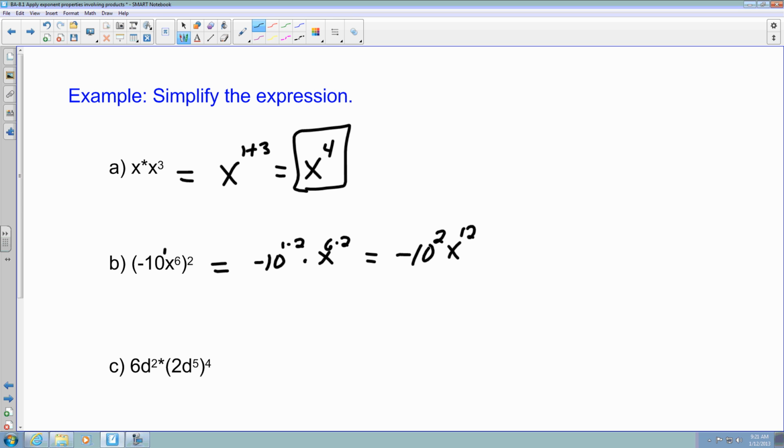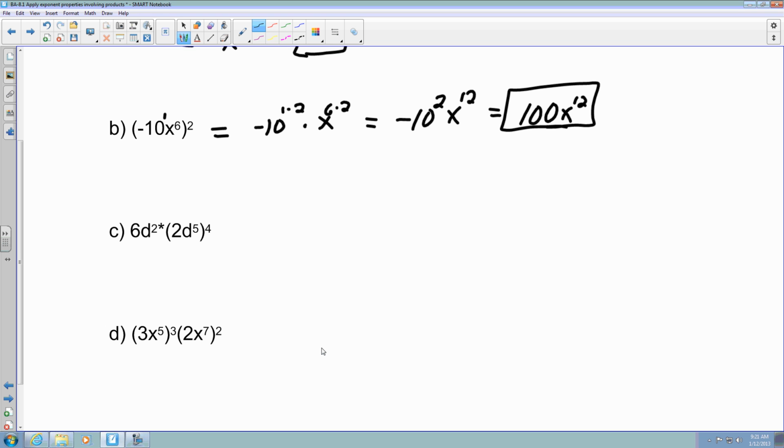But if we look at negative 10 squared, that's basically negative 10 times negative 10, which gives us 100 times x to the 12th. Okay, let's look at C.